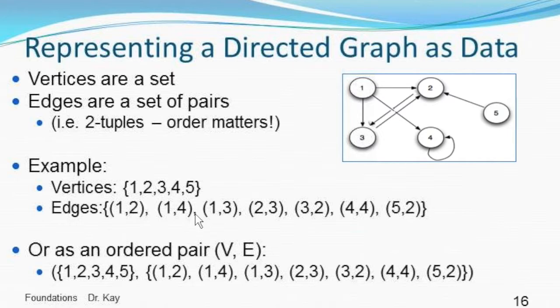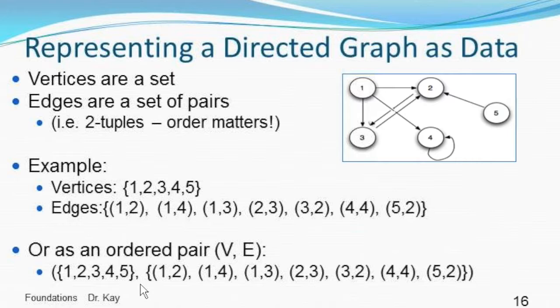1 to 4. And we have to represent this as a pair, as a 2-tuple, and not as a set because order matters. In sets, order doesn't matter, but here in our 2-tuples and our pairs, order matters, so this is really important. And again, we can represent a directed graph as an ordered pair where we say first we'll give you the vertices, then we'll give you the edges.